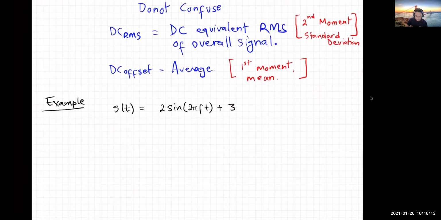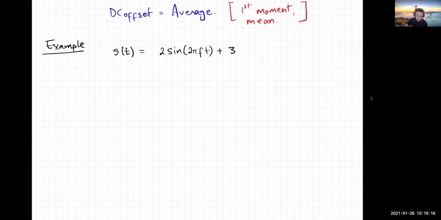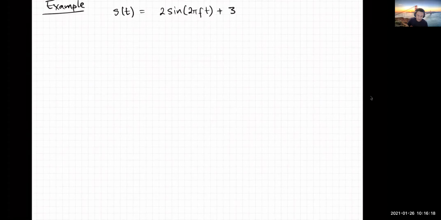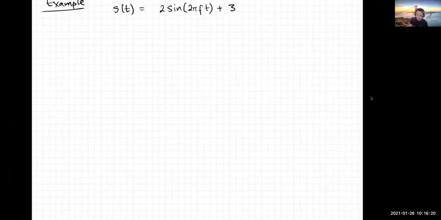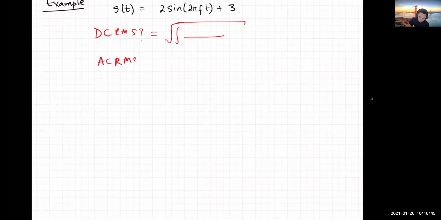All right. So, for example, if I have a signal like this, what would be its DC RMS? You can either do that integral to calculate the DC RMS, or we can break it into the AC part and the DC component and do the AC RMS first.